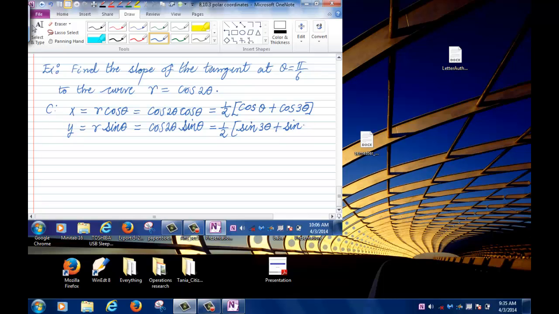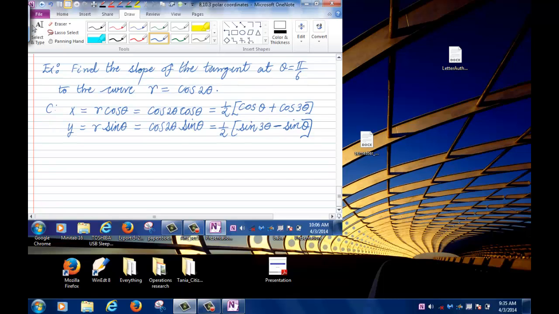But sine of negative theta is negative sine theta, so I'm just going to change that. So this would be negative sine theta. Okay, so review the identities for sine A, cosine B, and the identity for cosine A, cosine B. You'll get that.